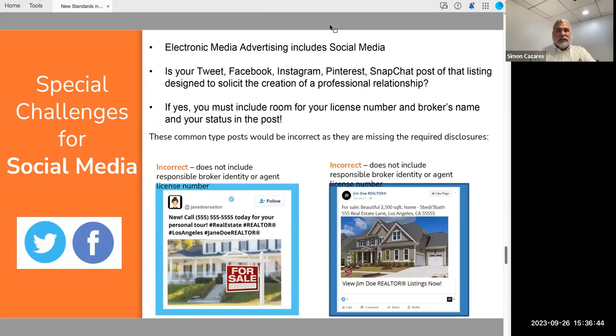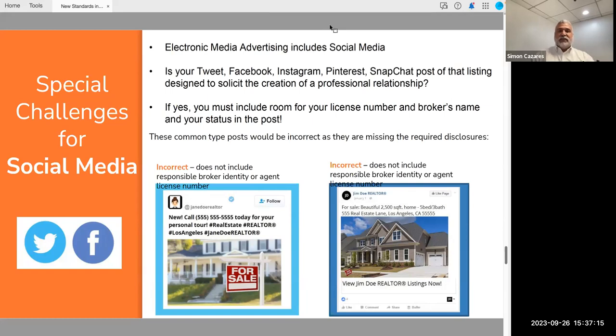No, what I'm saying is, if you look at these two examples on Twitter and Facebook as an example, the information on there says that this agent here is doing some type of marketing. These two are out of compliance because one, it doesn't show who the real estate company that individual agent works for is. Secondly, there's no license number that says that this agent is a real estate professional, right?